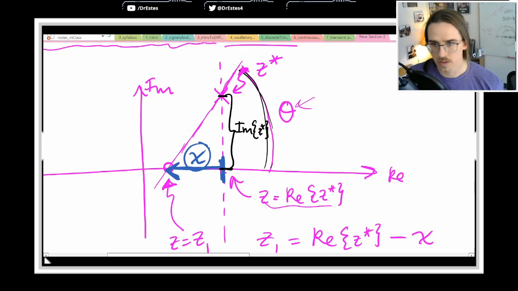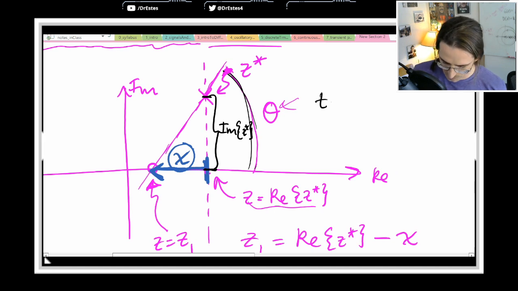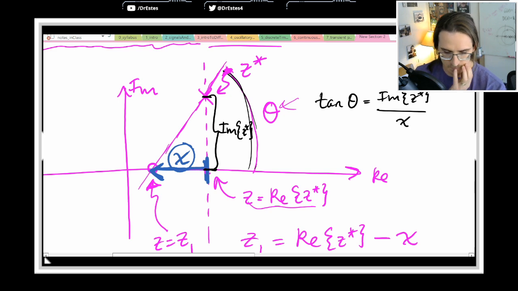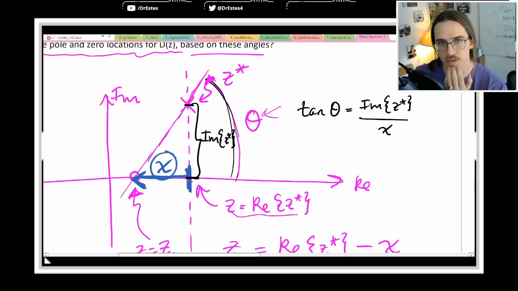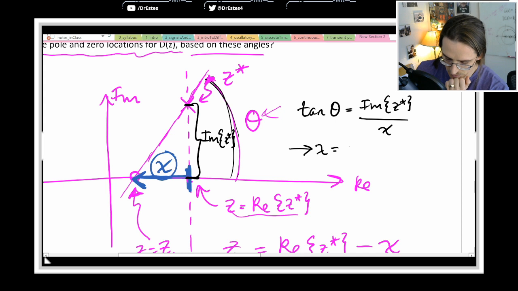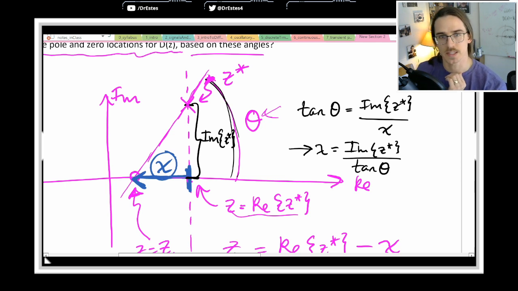So that means the tangent of whatever angle it is, is the imaginary part of z star divided by x. So I guess we don't have to use arctangent. We can just use tangent here. So that means x is the imaginary part of z star divided by the tangent of theta. So if theta is 75 degrees, you plug that in there. Okay.